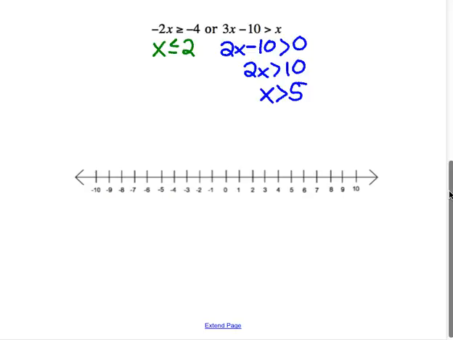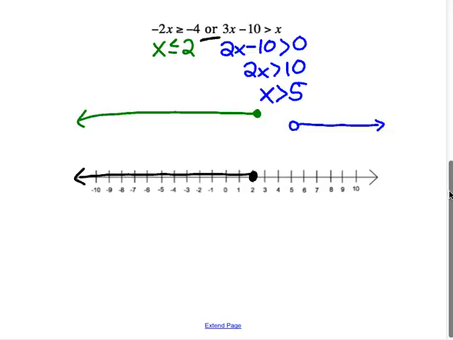So here that's going to leave me x less than or equal to 2, and x strictly greater than 5. Because this is an "or" situation, I shade everything that I see, so I include both pieces in my final solution.